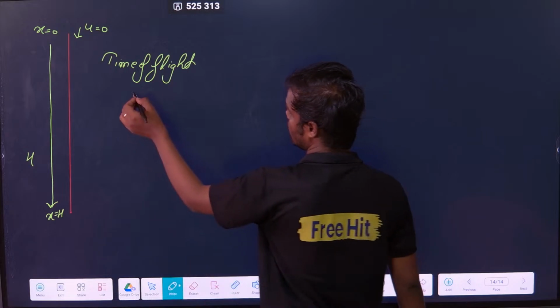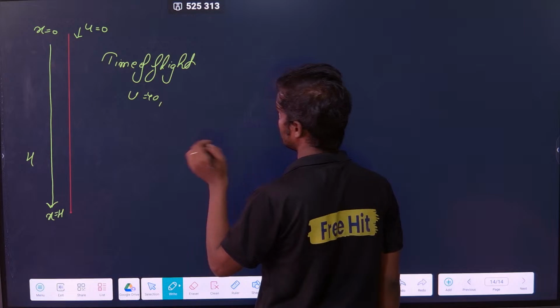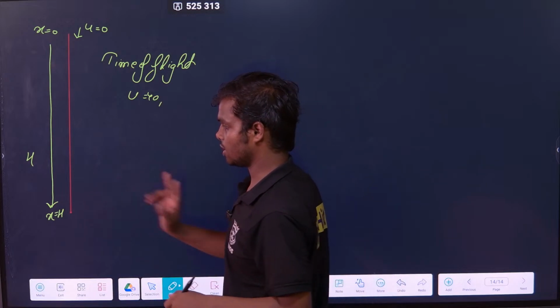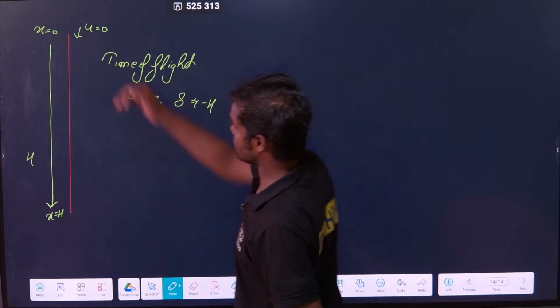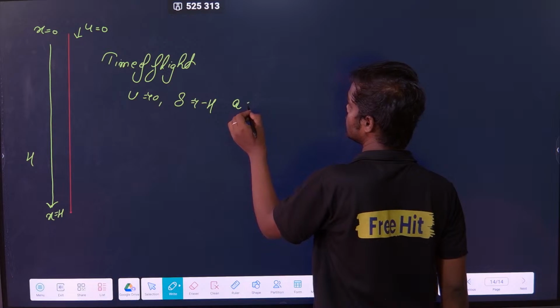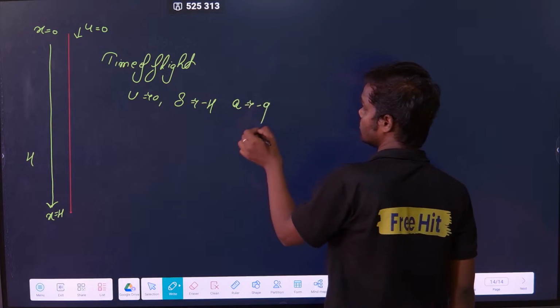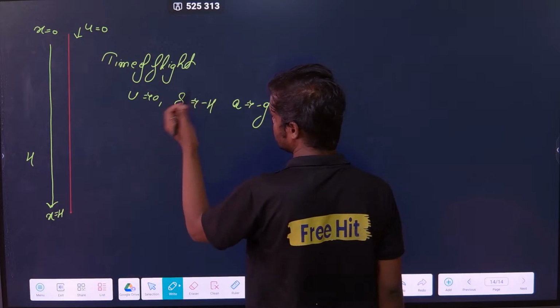See, what I know is the initial velocity is 0, correct? Another thing I know is the displacement is minus h, since we are going from here to here. What is the acceleration? Acceleration is equal to minus g, because it is acting in the downward direction. What is the most suitable equation?